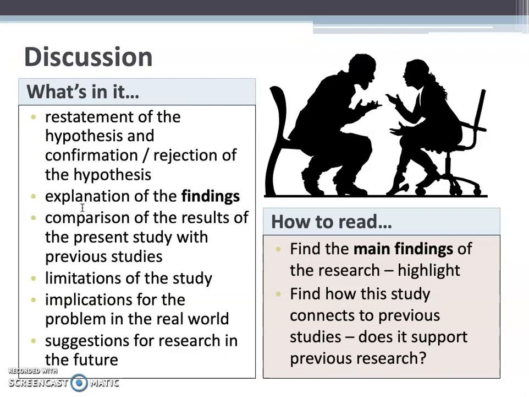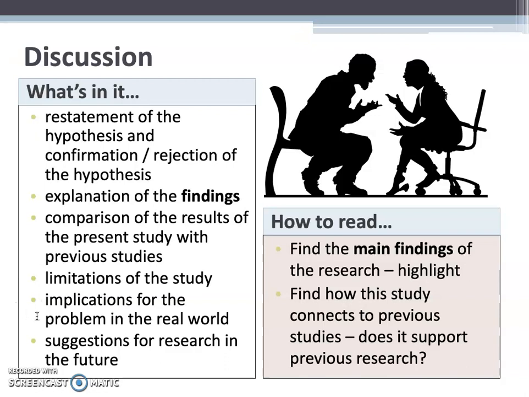They'll explain what the statistics mean, what the findings mean. They'll compare the results of their study with other people's studies. They'll also talk about the limitations of the study, meaning things about the study that could have been done better or that should be done differently next time.